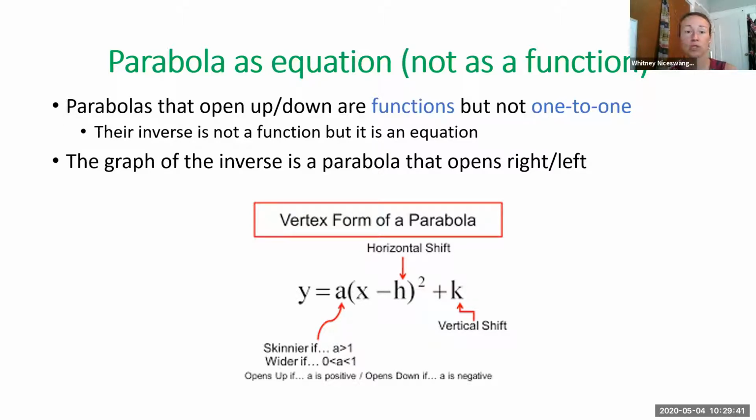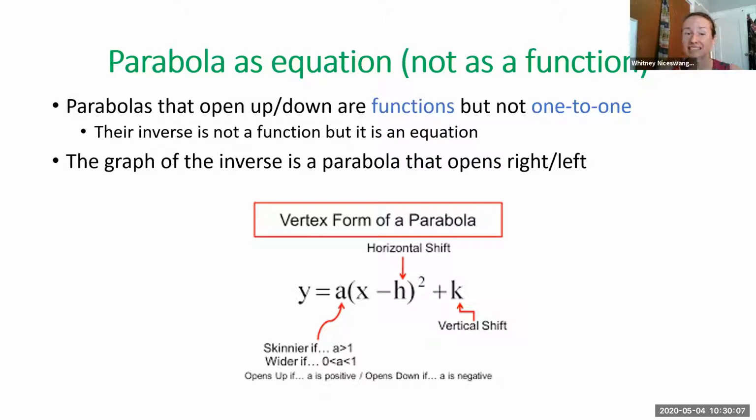All right, so when we think of parabolas as equations and not as functions, we've looked at the parabolas that open up and down, and those were functions, but they weren't one-to-one functions, meaning for x equals 1 and x equals -1, you could get the same y value. So they weren't one-to-one, and that meant we couldn't take their inverse and get a function.